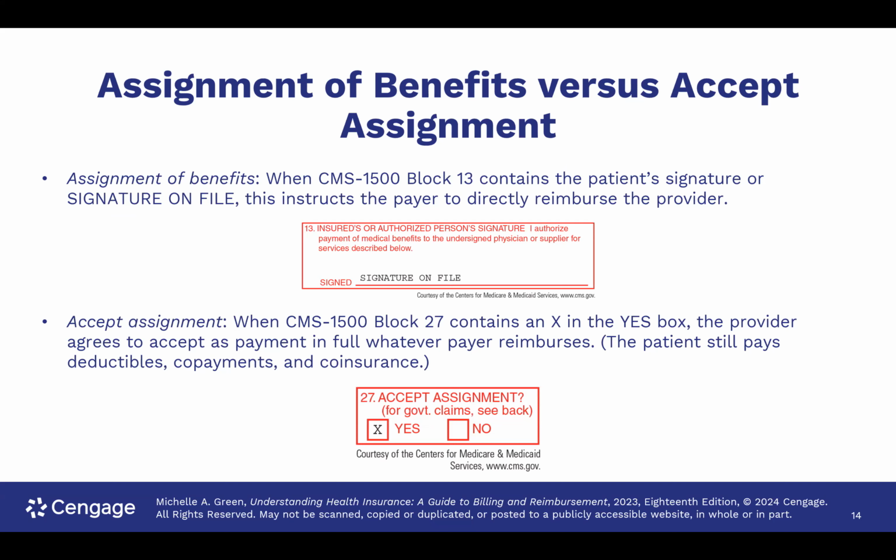That's in block 27. So therefore, if the X is in the block, the provider is agreeing to accept the payment in full. In other words, whatever the payer reimburses, that's what they will accept. So people kind of talk about these things interchangeably when they're actually a little bit different.